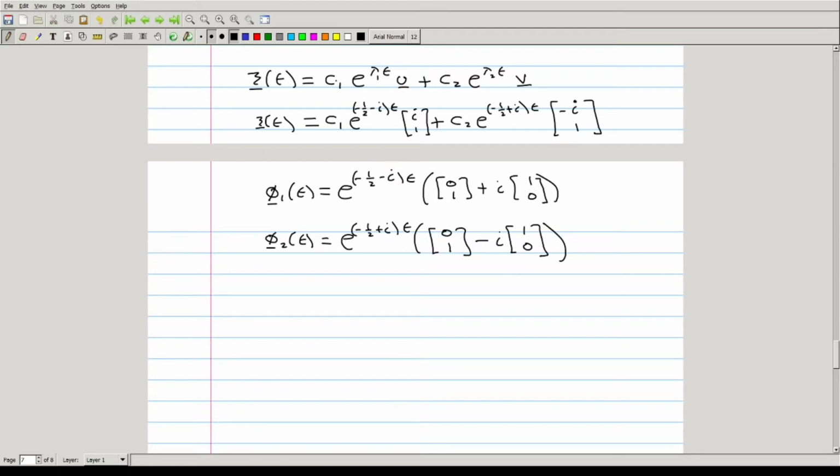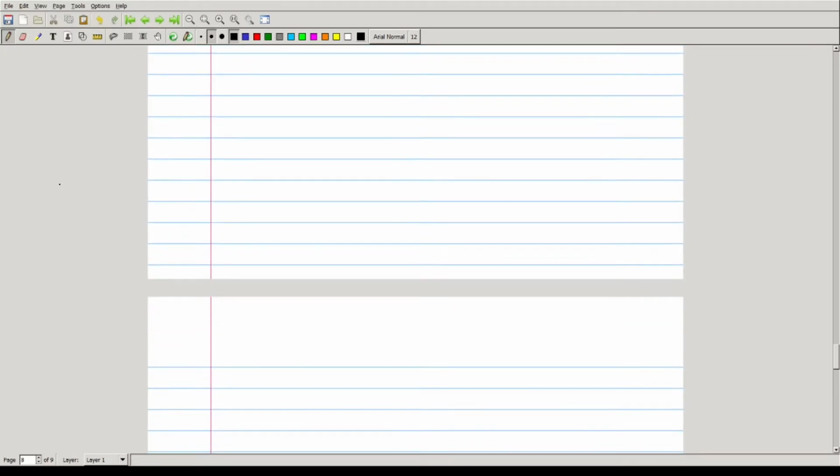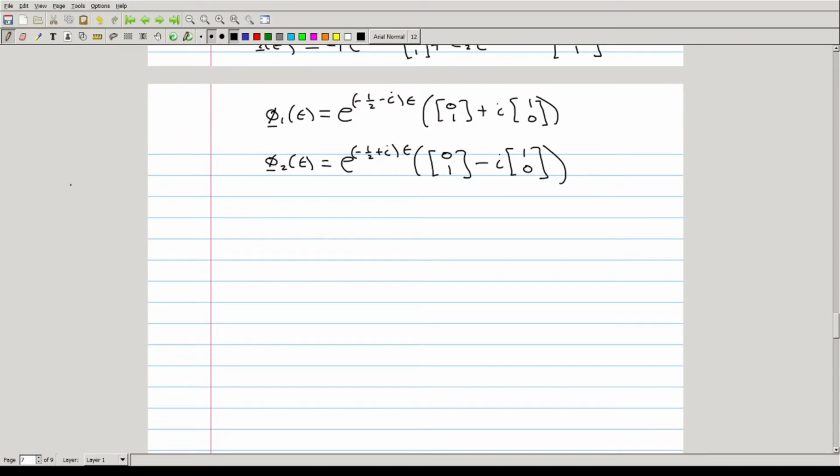In general, when we have a pair of complex eigenvalues and eigenvectors, this is going to be what we see. So what I'll do is the general simplification below.